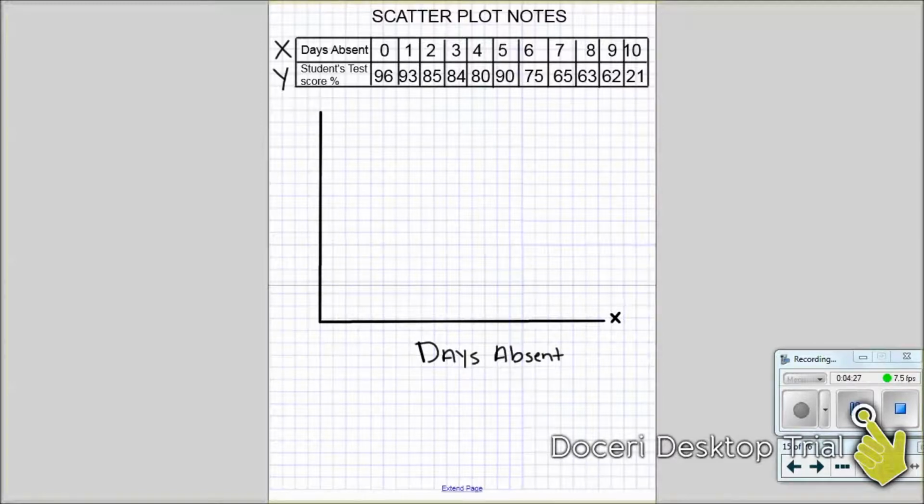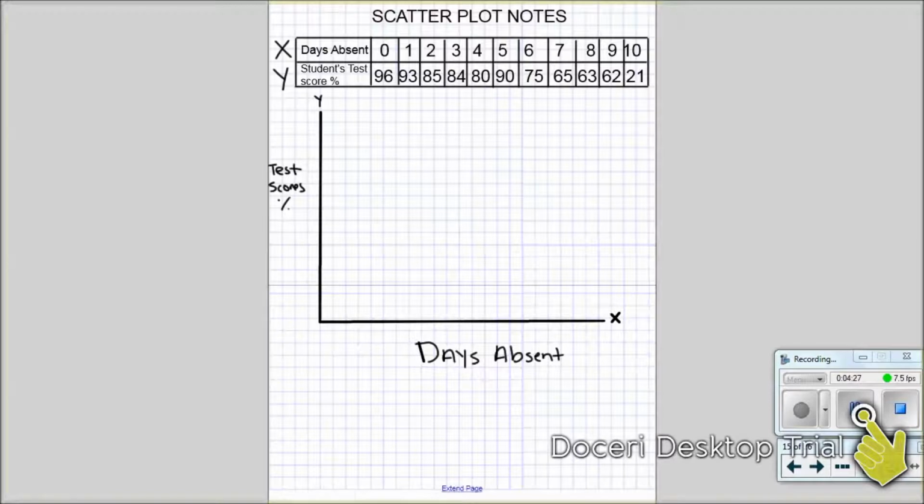And then our y-axis label should say student test scores in percents, or what we're going to say is just test scores. So we're going to shorten this up a little bit. Test scores, although we will put the percent sign so we know what our label is. So test scores and percents go on the y-axis.